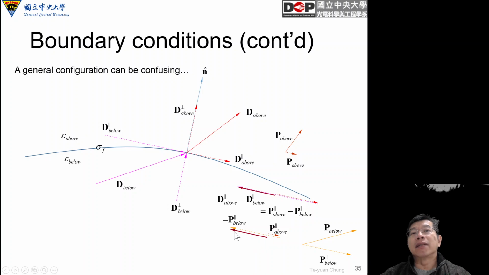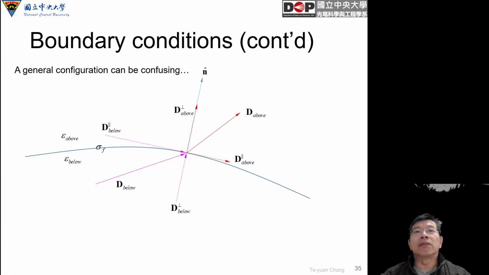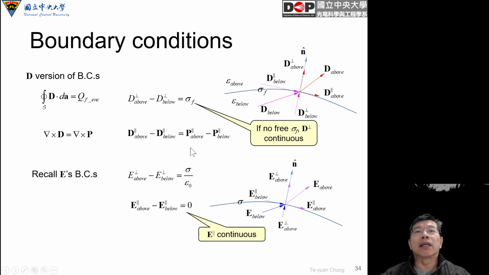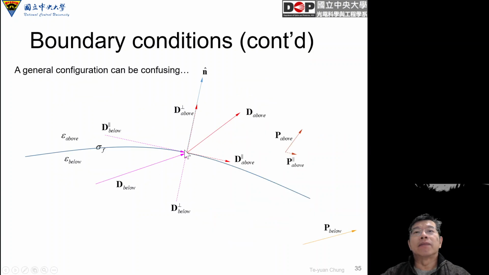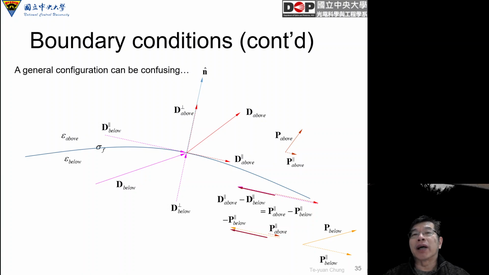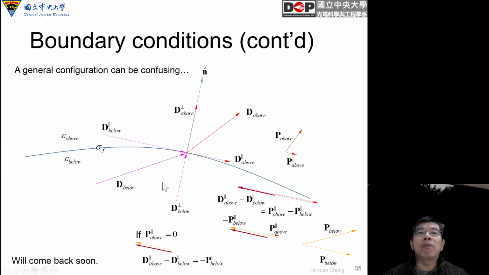This satisfies this relation, which is what is written here. You can check it. In the textbook it's just written in text, and I tried to make a figure so that you understand it better. If the parallel component on the above part is 0, then your parallel component will be determined just by the below part. That's it.